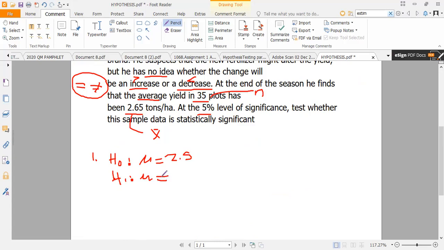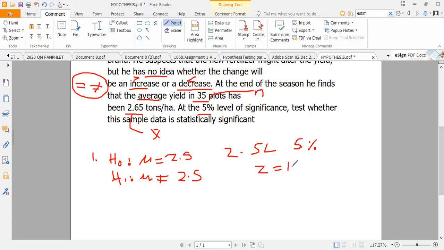Not equal to 2.5. Step 2, set the level of significance. The level of significance is 5%, right? Meaning our Z is what? 1.96. So far, are we together? Yes. Mumbi, are we together?